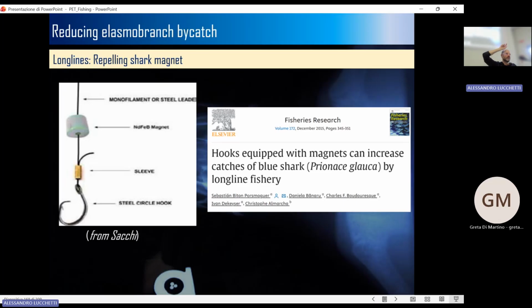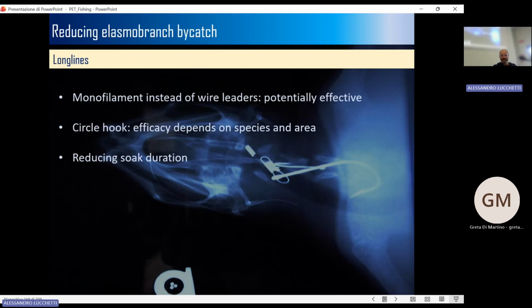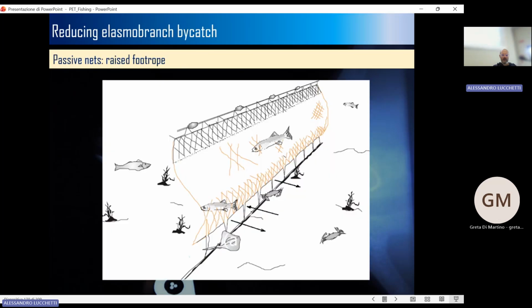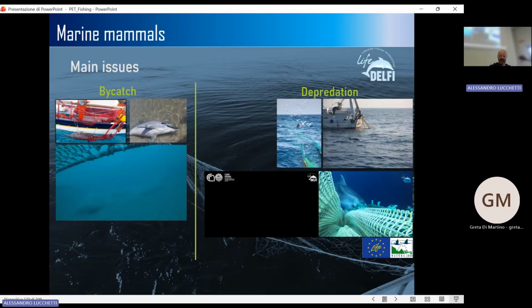You can imagine the price for 7,000 hooks easily. Okay, for the passive nets, there are not so many solutions. One could be raising the foot rope again, but this strongly reduces the catch of crabs. Other species can be caught again.